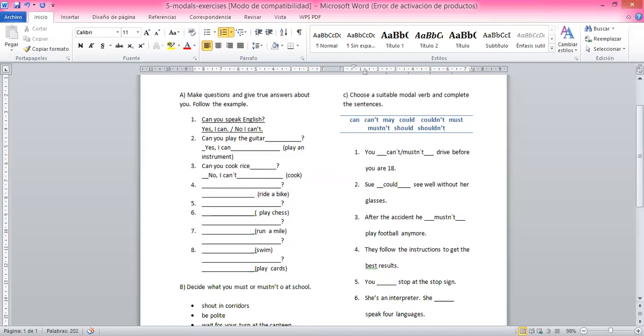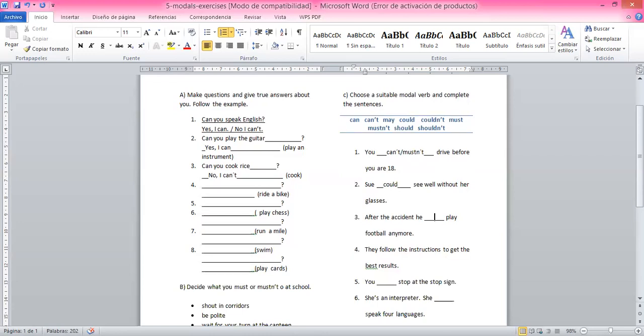How do you translate it? Must. Después del accidente, él no volvió a jugar fútbol. No, be careful with the translation. No volvió. No, mustn't is no debe. No debe. Oh, no, yeah. Okay, so it's not that. If we talk about advice, remember that for advice is should, right?